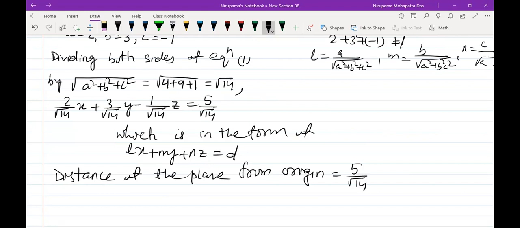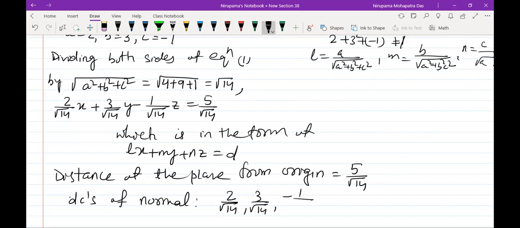And you also have to find the direction cosines of the normal to the plane, so that will be 2 by root 14, 3 by root 14, minus 1 by root 14.